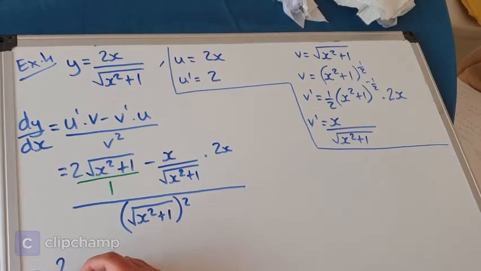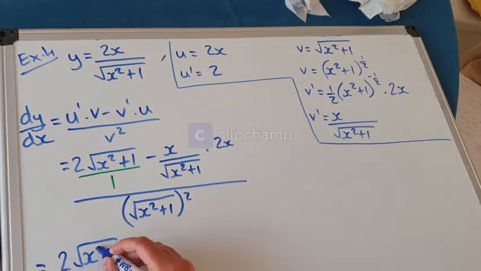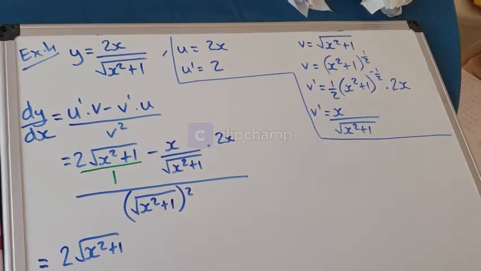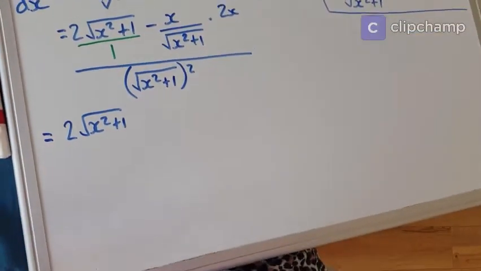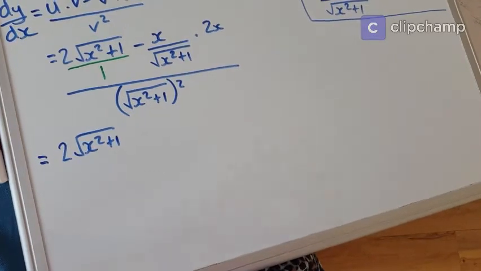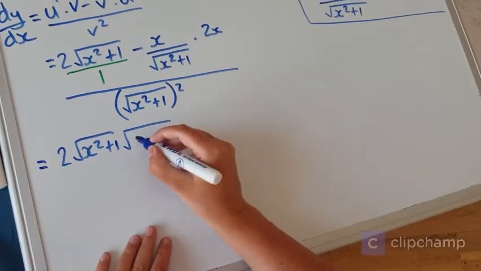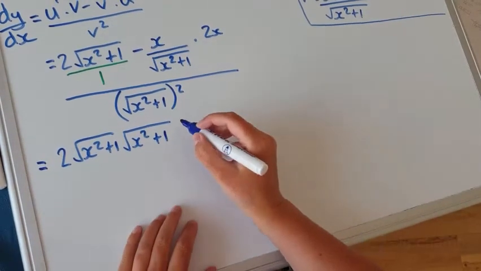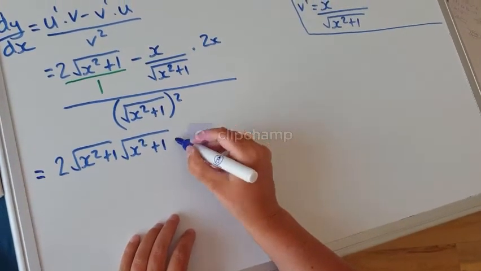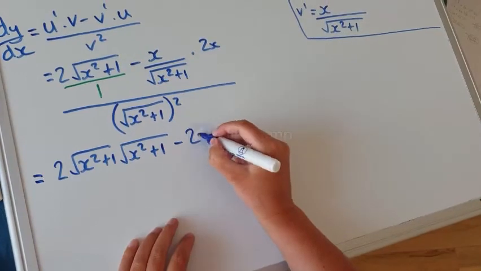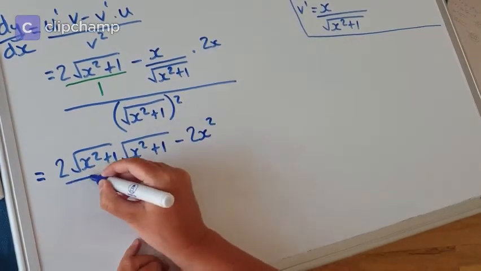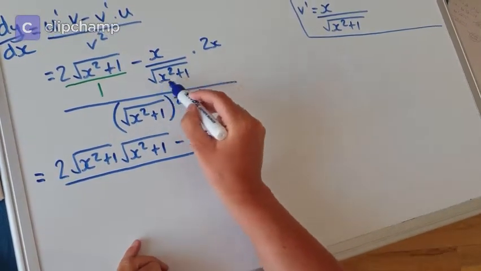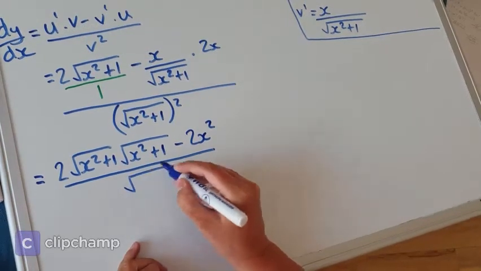So I've got 2 root x squared plus 1, times another root x squared plus 1, take away my 2x squared, all over root x squared plus 1.